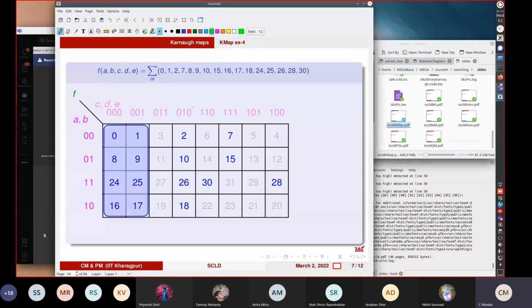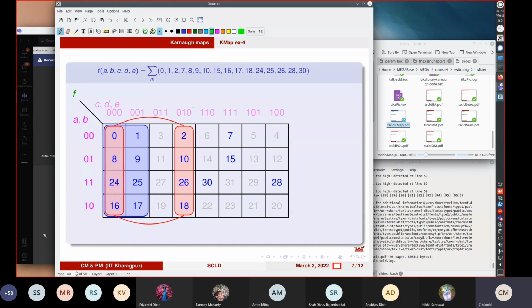Alright, so let us just say this is one, this one is quite obvious, this is another, and so do you see any other interesting grouping?